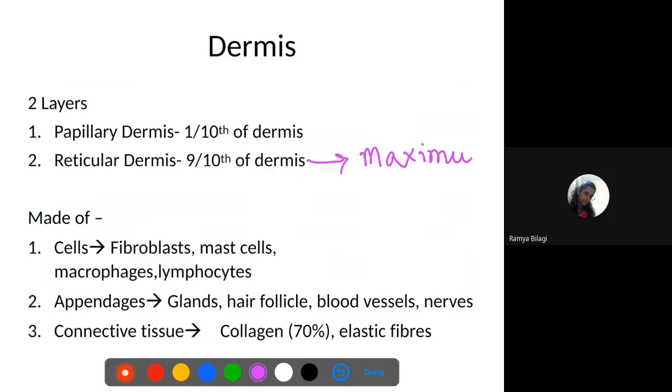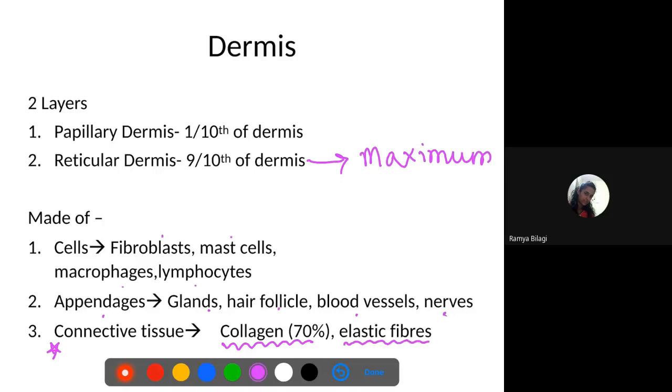They have many cells like fibroblasts, mast cells, macrophages, lymphocytes, and appendages known as hair follicles, blood vessels, nerves, and glands. And connective tissues, this is important. We have 70% collagen and the rest elastic fibers. So these are the main compositions.